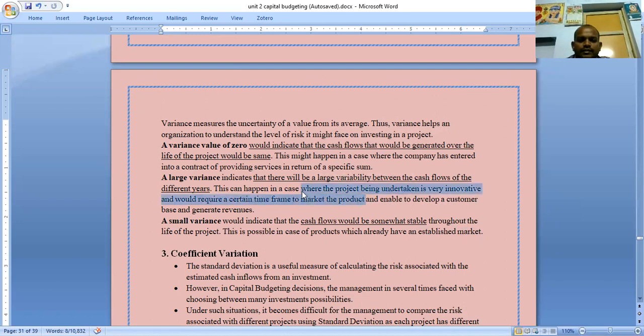It is an innovative product and it still needs placement in the market. In such a case, even though they are expecting, it deviates from the reality. So that is the error we have to eliminate.